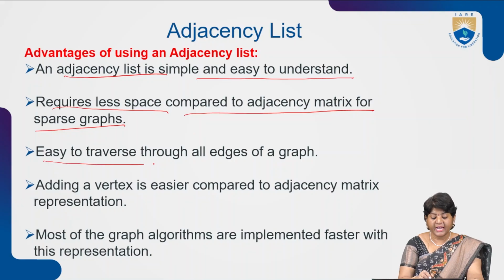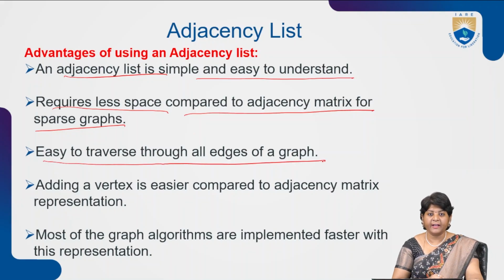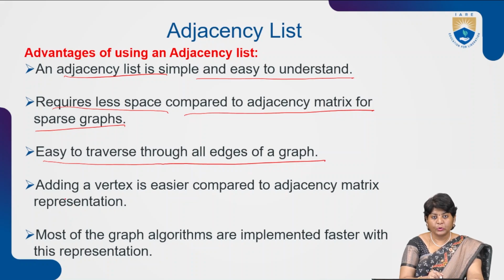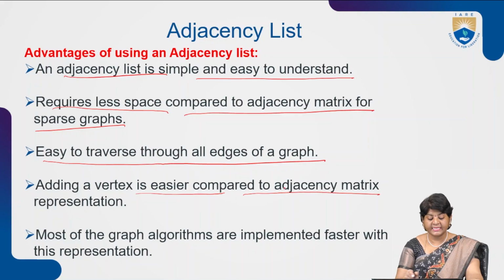Next, it is easy to traverse through all edges of a graph. Since it is easily able to identify which vertex is connected to the other vertices, we can easily traverse through all edges of a graph. And fourth one, adding a vertex is easier compared to adjacency matrix representation.